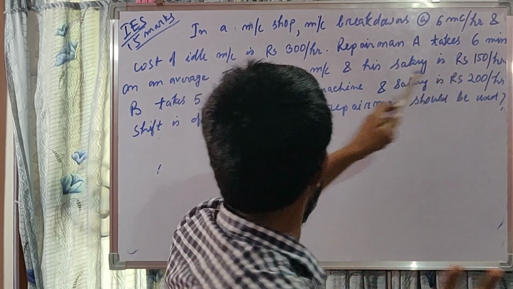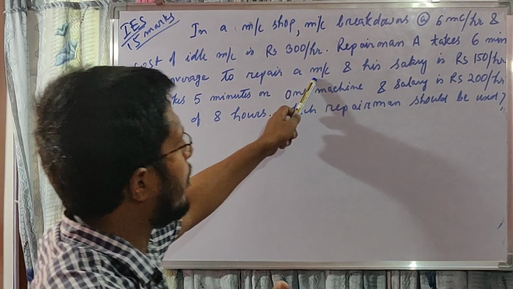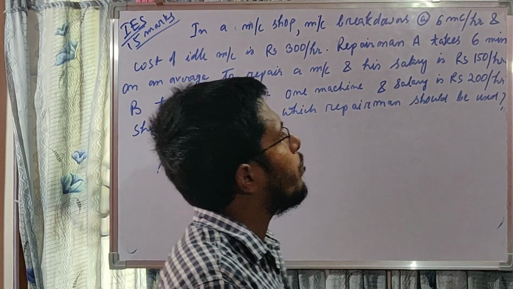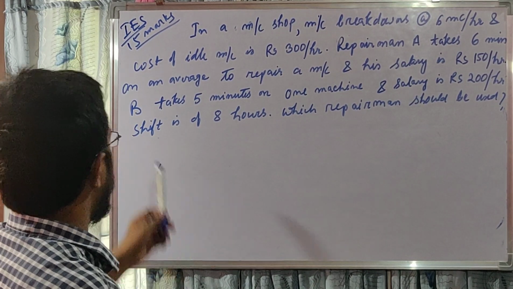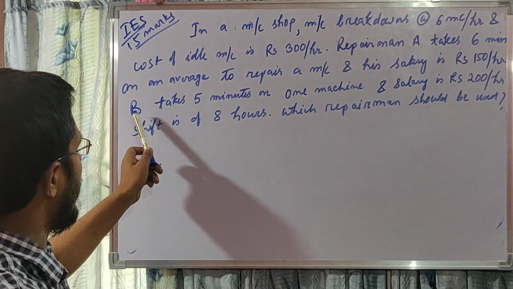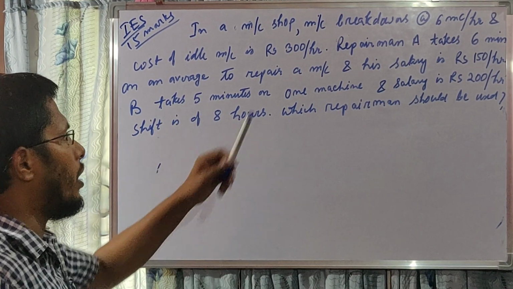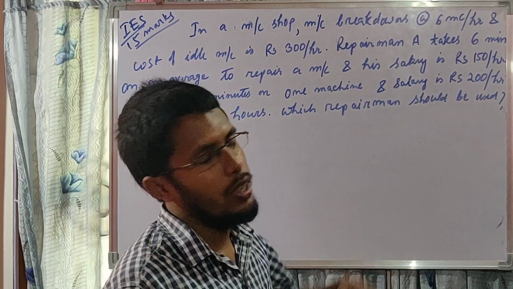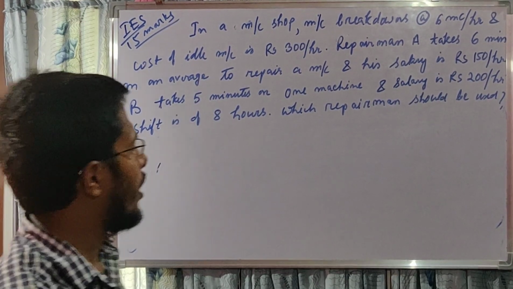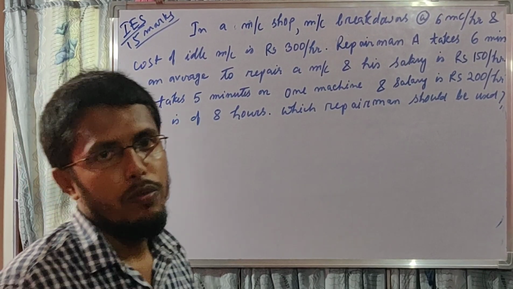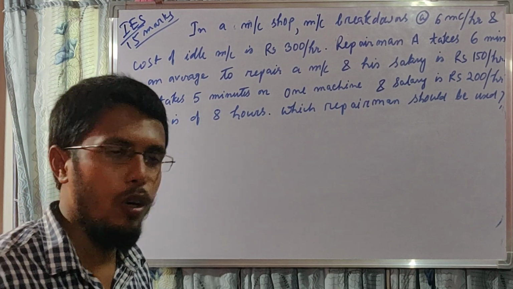Repairman A takes 6 minutes on an average to repair a machine, and his salary is rupees 150 per hour. Repairman B takes 5 minutes on one machine, and his salary is more, 200 rupees per hour. The shift duration is 8 hours. So the question is, whom should we select, A or B?